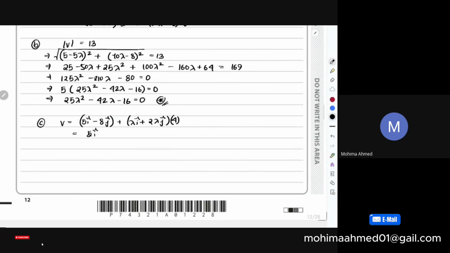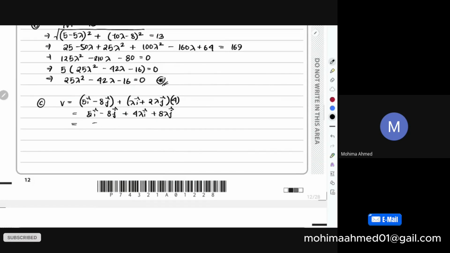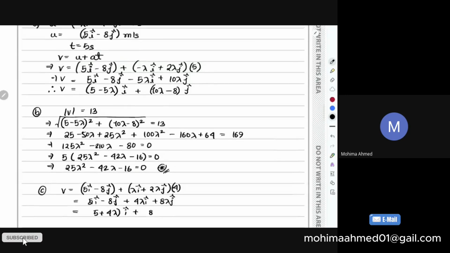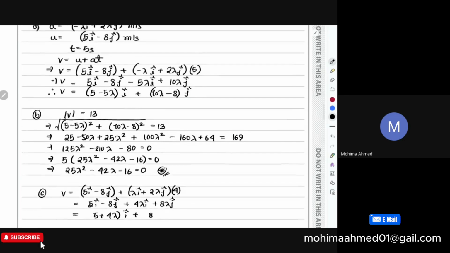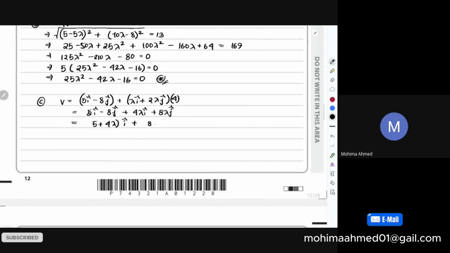So 5i minus 8j plus 4 lambda i plus 8 lambda j, and then connect them together. For i, you have 5 plus 4 lambda, and for j, 8 lambda minus 8. This is an expression for your velocity after 4 seconds.